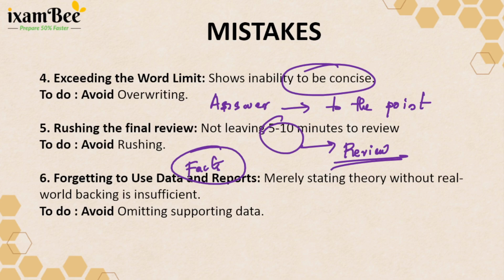Your answer will look insufficient, and this will affect its quality. To come out of this problem, you need to avoid omitting supporting data. Always include facts, and always make use of proper, accurate reports. Always use authentic reports.